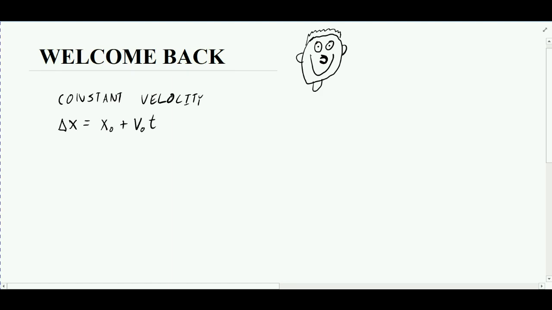Okay. Well, what if we don't have constant velocity, but we do have constant acceleration? Okay, well, what do we got there? We're going to have three formulas here that are very common.